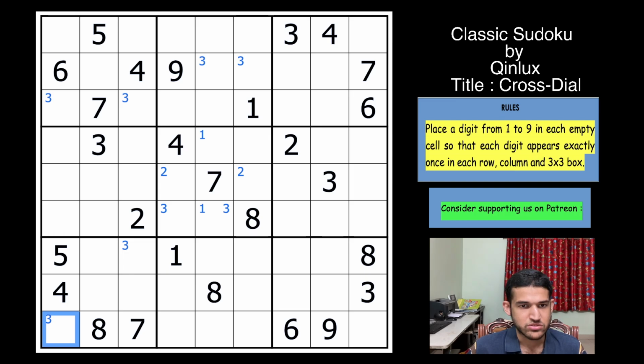Okay. So let's get into the 4s now. 4 cannot be in row 1. 4 cannot be in row 2. So 4 has to be here. And because of this 4, I'll get my 4 here. And that gives a 4 in one of these two cells in column 6. 4 cannot be in row 8. 4 cannot be in column 8. So that gives a 4 in these two cells.